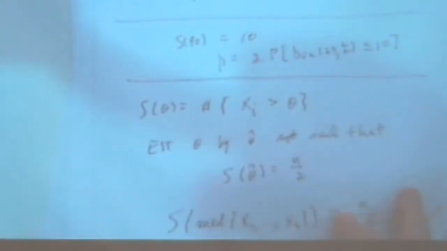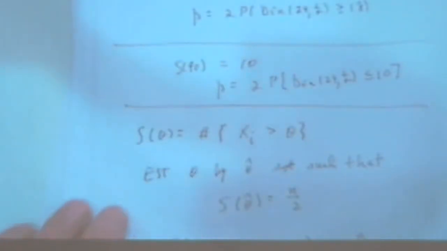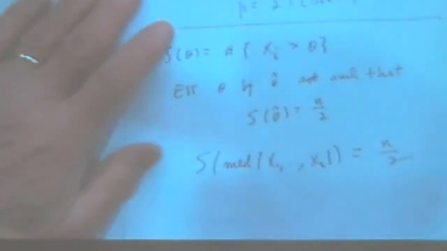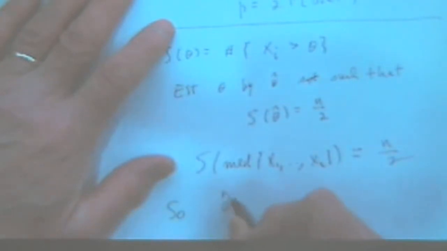S would have been 15, and the p-value for a two-sided test would be 1. It'd be 50% for one side. Okay, so there's our point estimate, it's the sample median.